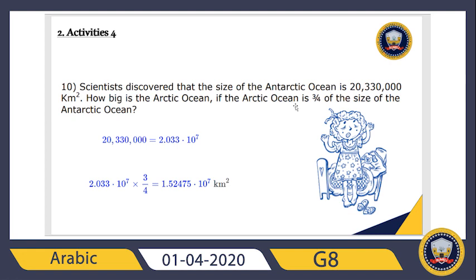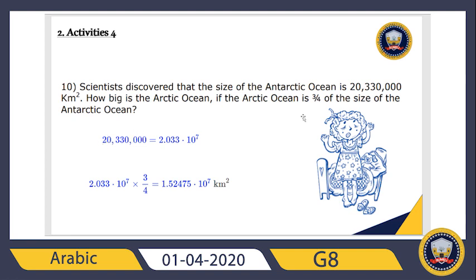I need to know the size of the Arctic Ocean. How can I find it? I'm going to multiply this area by 3/4, which means I'm going to find 3/4 of this area.